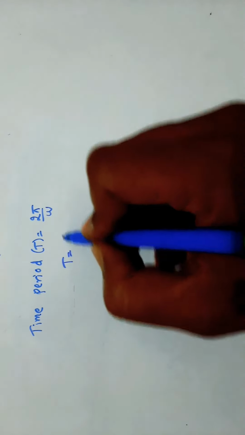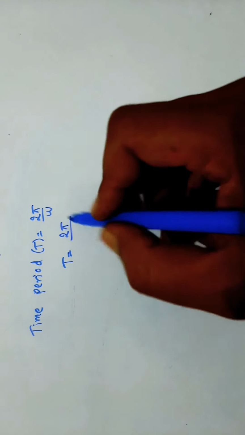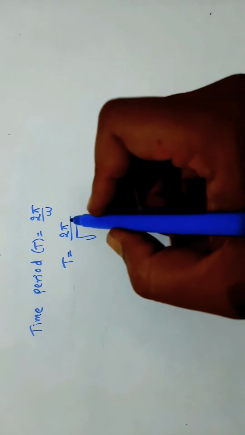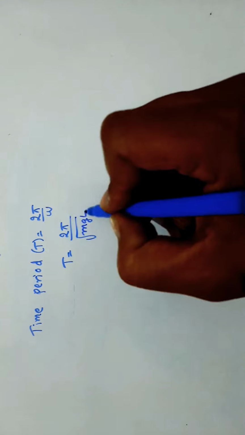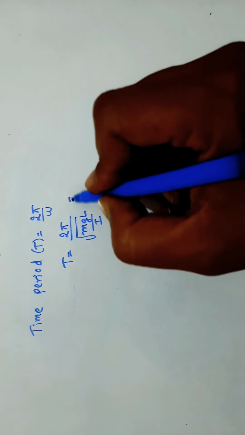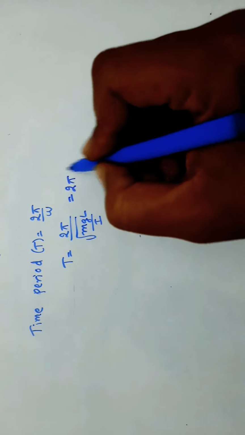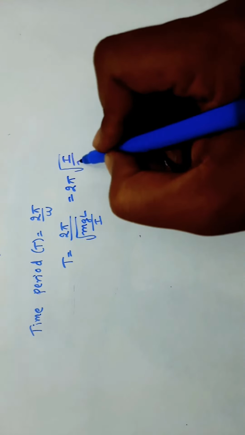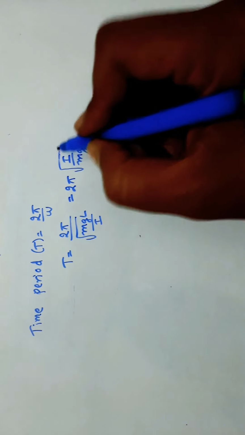So here T is equal to 2 pi by, where omega is equal to under root of mgl by I. So it can be written as 2 pi under root of I by mgl.